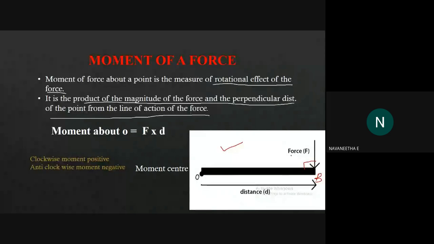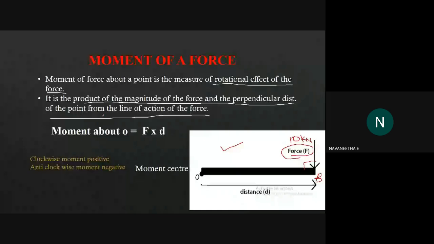The value of the force. If it is 10 kilonewton, then 10 kilonewton into, we need to multiply its magnitude only. So magnitude of that force into what? Perpendicular distance of the point from the line of action of the force.